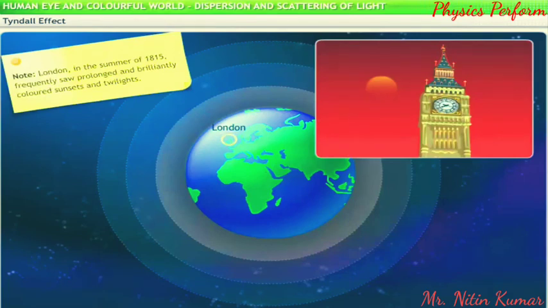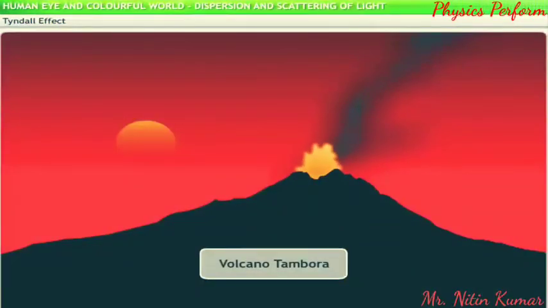In fact, here's an interesting incident related to the Tyndall effect. London, in the summer of 1815, frequently saw prolonged and brilliantly colored sunsets and twilights. This was explained by the Tyndall scattering of sunlight by ash particles in the upper atmosphere.